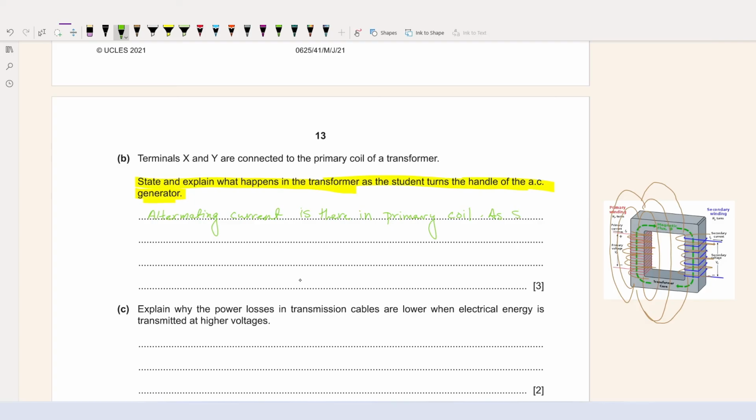As the student turns the handle, the field lines produced by the primary coil will cut the field lines of the secondary coil.